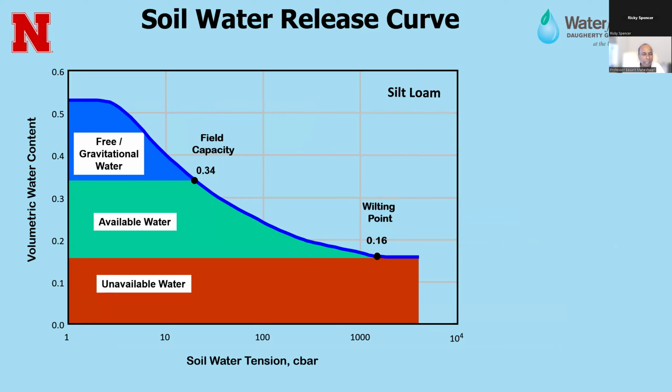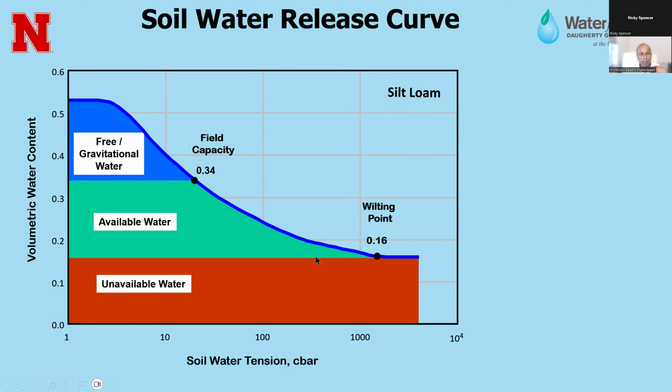And this graph shows volumetric water content and soil water tension. This is the free gravitational water, meaning water stored in the soil at saturation moves in response to gravitational force. And that happens within, say, 24 hours of saturating the soil.